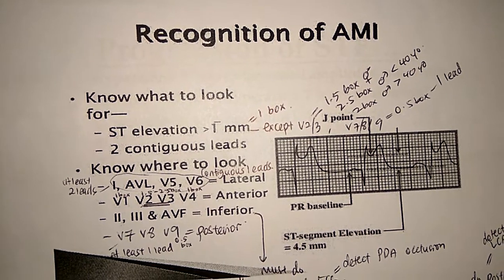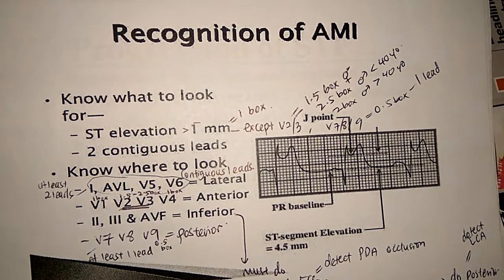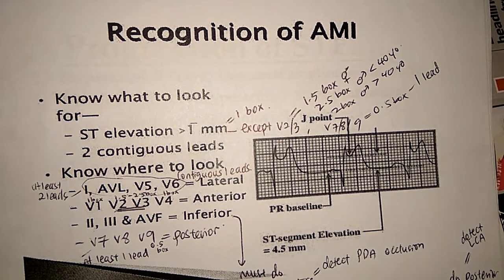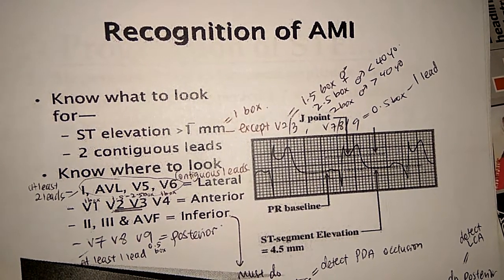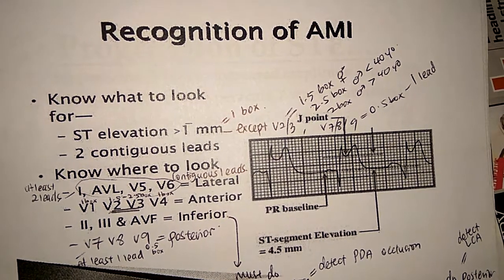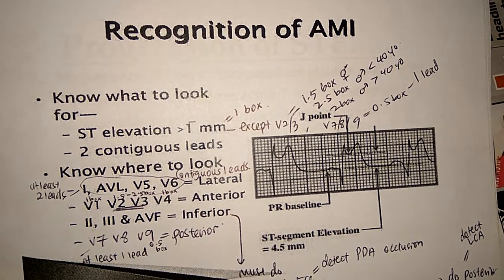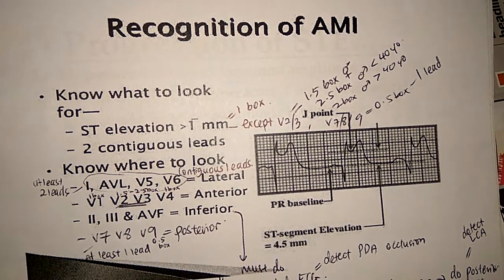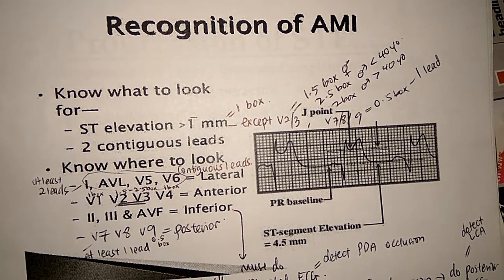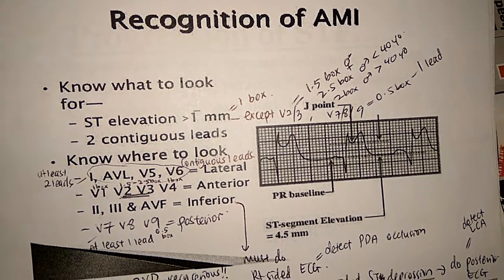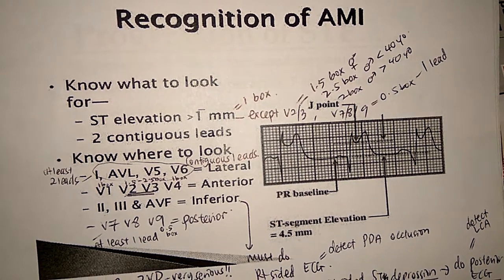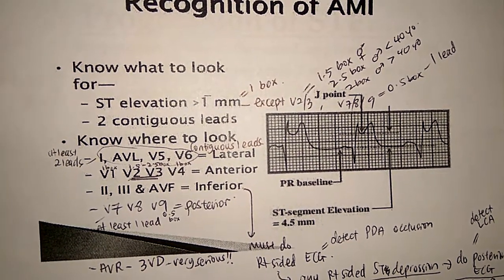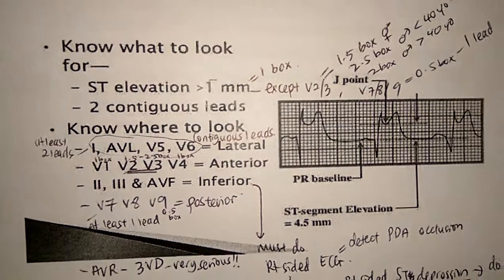For V2, V3, it must be 1.5 boxes and above for female, 2 boxes and above for old male, 2.5 boxes and above for young male who are less than 40 years old. Whereas in the posterior ECG, only half a box is required to be positive STEMI, at only 1 lead is enough, whether it is V7 or V8 or V9.